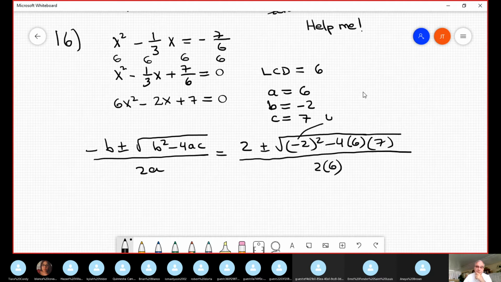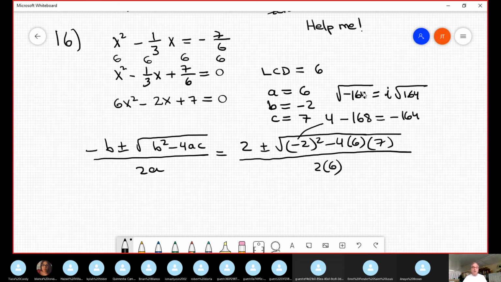This is 4, and this is minus. 4 times 6 is 24, times 7 is 168. Now subtraction: 4 minus 168 is negative 164. When you look at the square root of negative 164, I realize it's imaginary, i times square root 164.